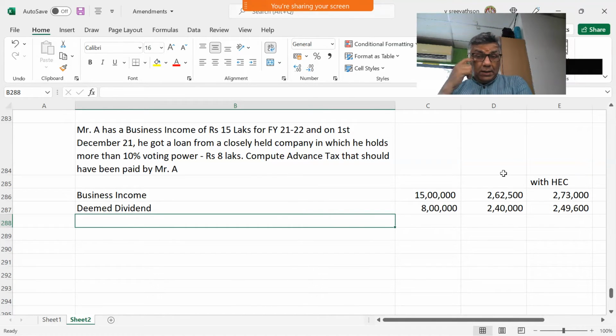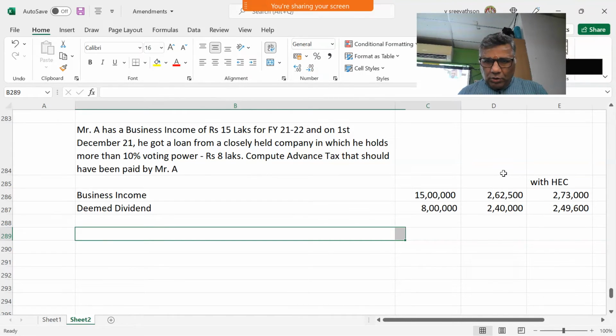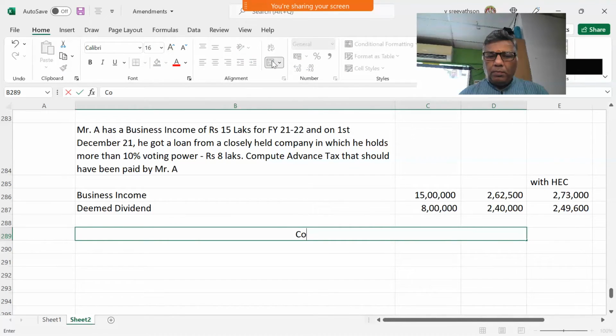Okay. For the 8 lakhs, directly 30%, because already... Now understand, computation of advance tax installments.